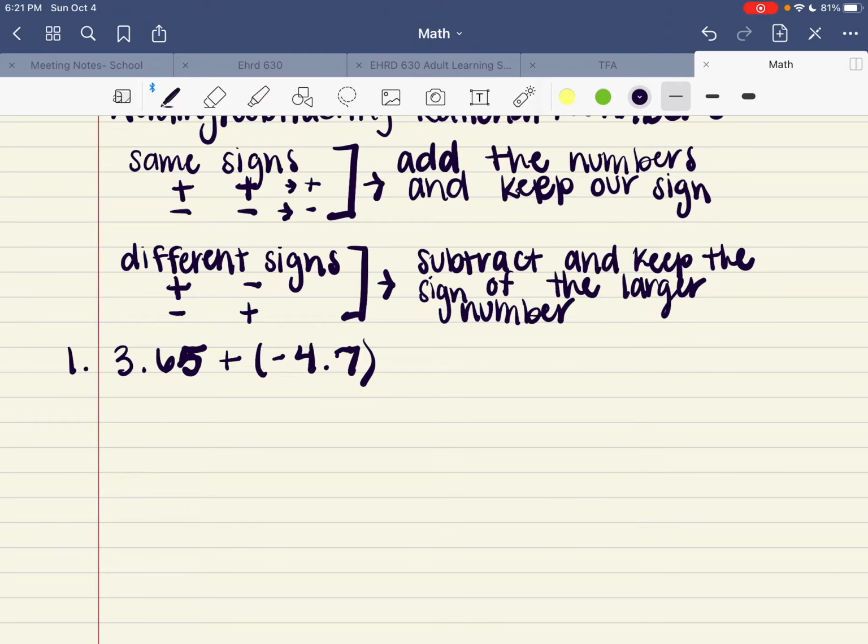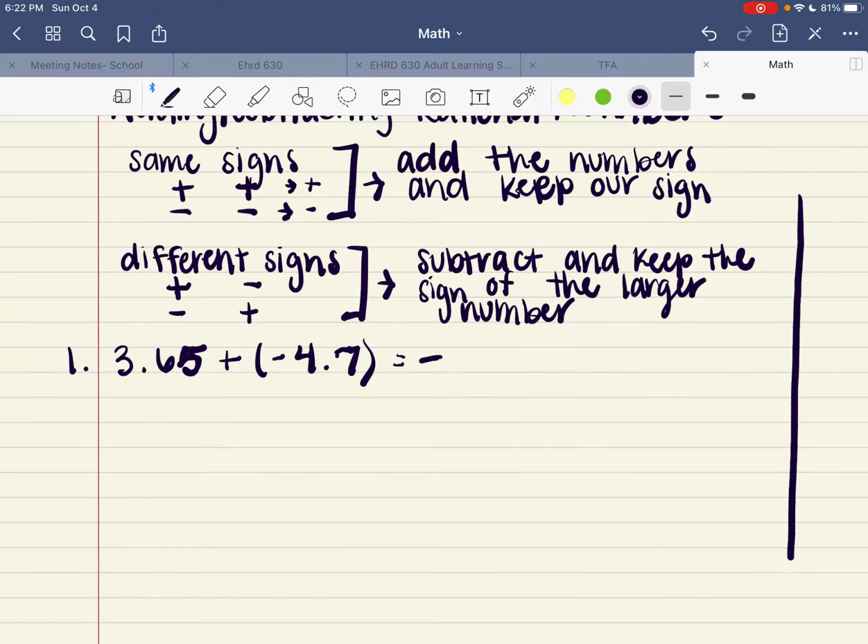That is right, they are different. So I am going to go to this row right here, so we're going to subtract and keep the sign of the larger number. So we know this is going to be negative.